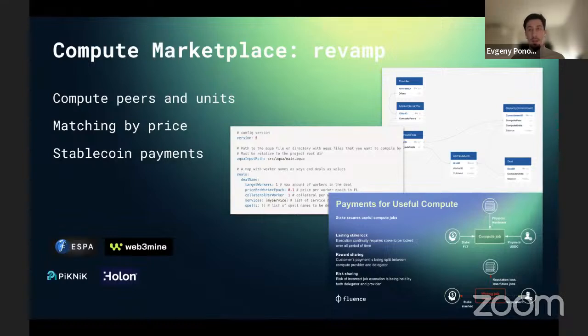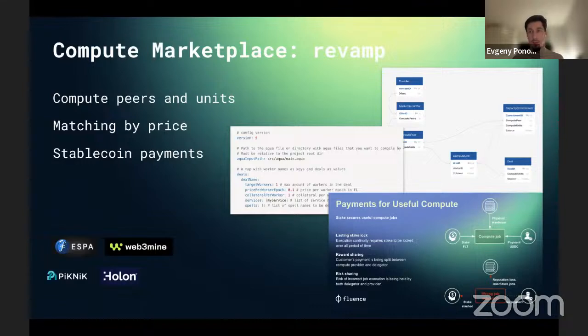The marketplace matches customers and providers by price expectations: providers say how much they want to charge for computation, and customers say limits on how much they can pay. All the payments happen in stablecoins, and some token staking will be involved, which I have on the next slide as well.